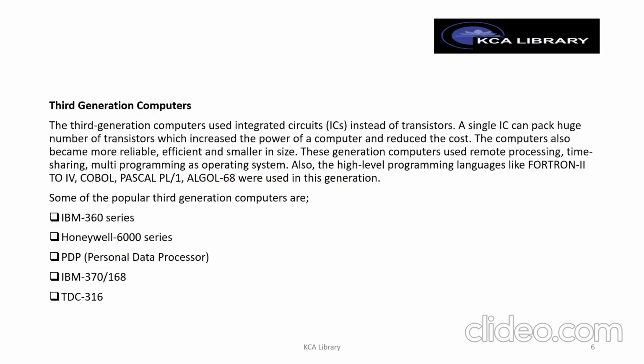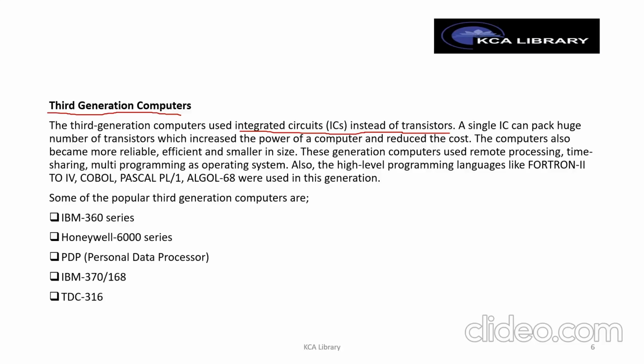Let us look at the third generation of computers. These started now advancing. These computers used what we call integrated circuits, unlike transistors in the second generation. A single integrated circuit could pack a huge number of transistors, which increased the power of the computer and reduced the cost.